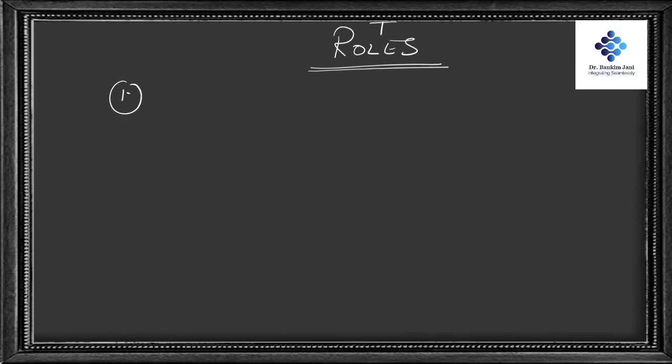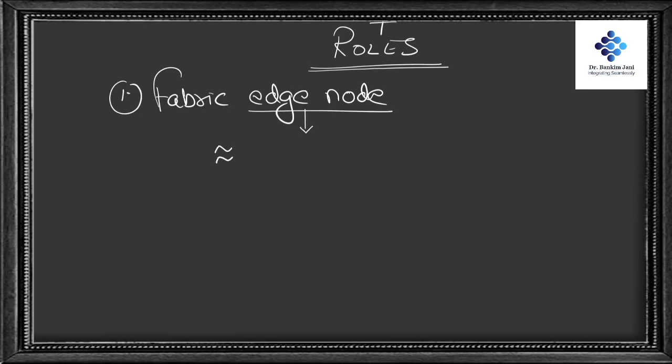Say first, one of the roles could be fabric. Whenever we say fabric, you understand that we are talking about the network. So it is fabric edge node, right? This edge node is what? It would behave very similar to a traditional switch.